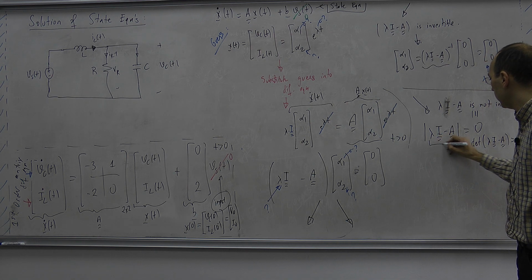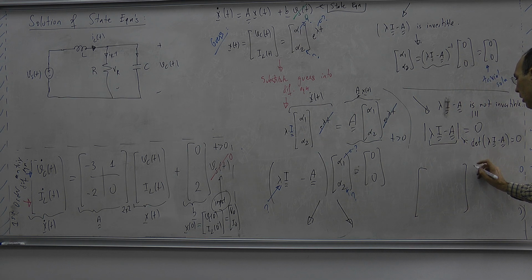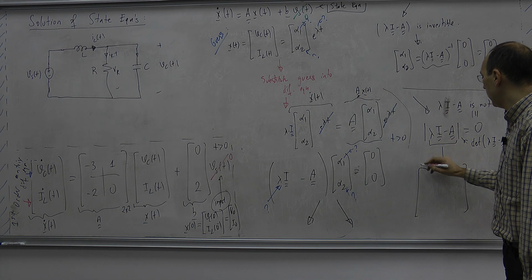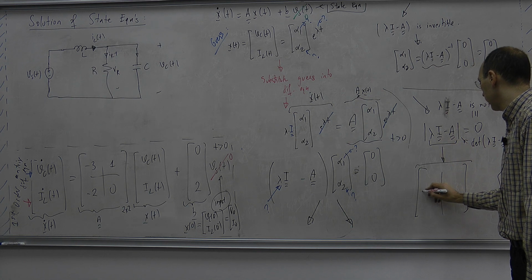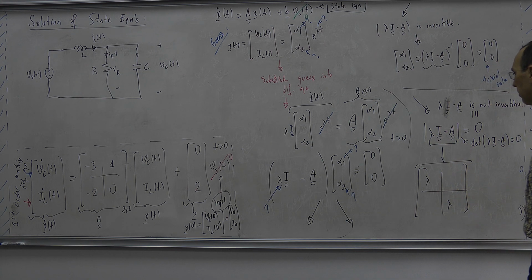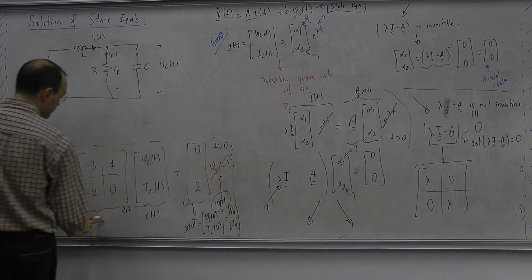Then let's try to calculate this. What are the lambdas? As you see, this is this matrix. So lambda I, I'm putting lambdas over here, 0, 0. Lambda times identity is this, and minus a. This is a.